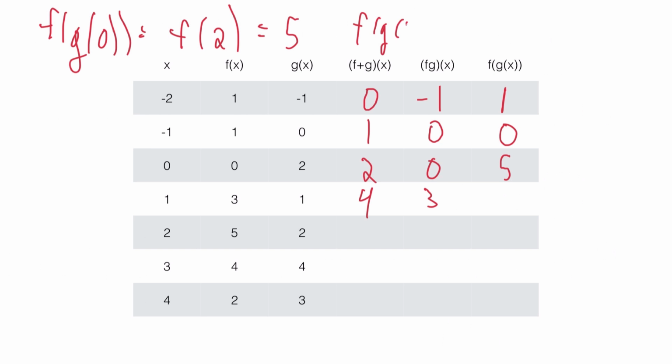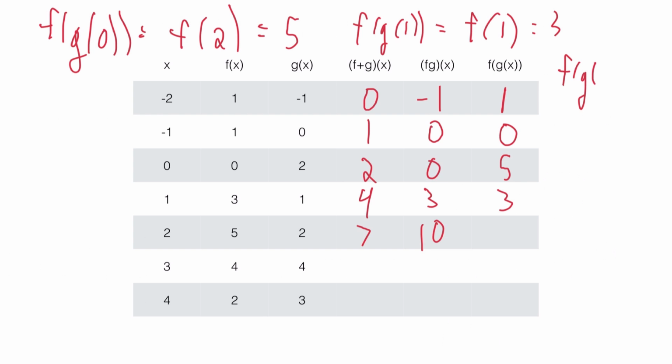And f composed with g of 1: g of 1 is 1, and that means f of 1 is 3. Sorry about that. Next row, we have 5 and 2, so they add to 7, multiplied to 10.